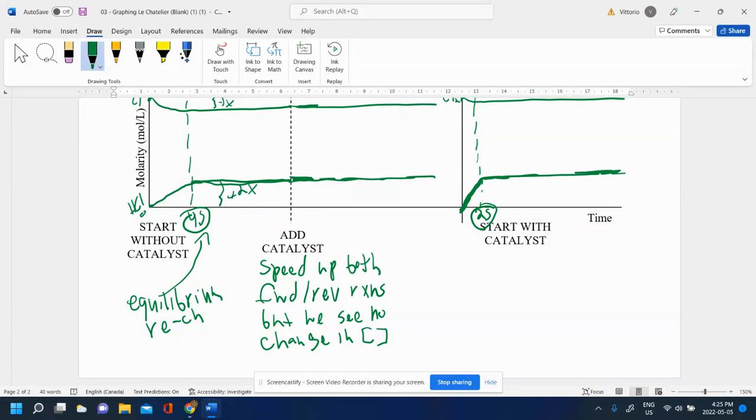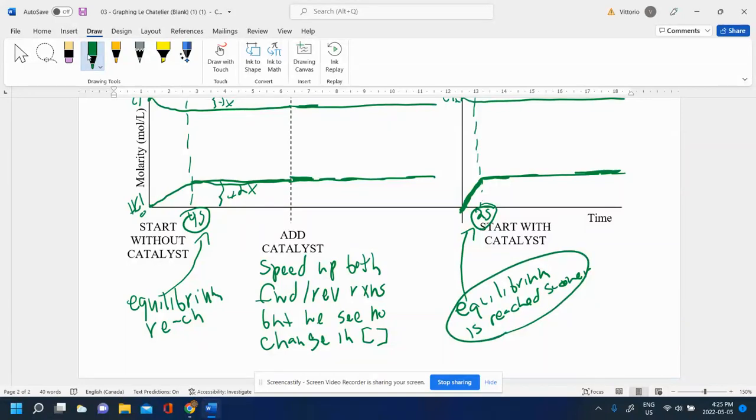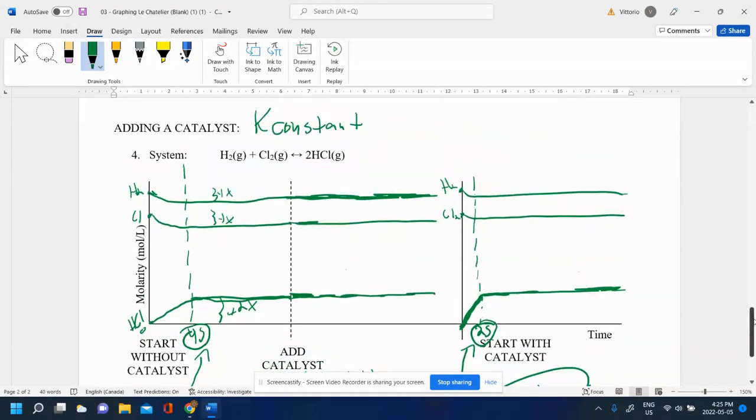Now, if you put in the catalyst at the beginning, so before equilibrium was reached, then you'll reach equilibrium faster. So equilibrium is reached sooner. But K would still be the same. All right, so let's say you were making a K expression here, so K is equal to HCl squared over H2 times Cl2.